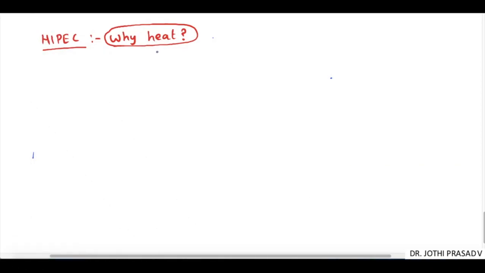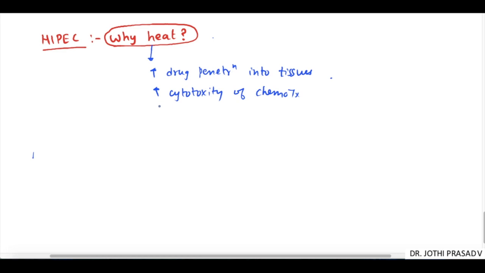You can wonder why heat, that is, why hyperthermic. Heat itself has certain advantages: it increases the drug penetration into tissues, so better efficacy, and also increases the cytotoxicity of the chemotherapeutic drugs that we give. Heat itself has anti-tumor effects. Thus, all three of these benefit the patient.